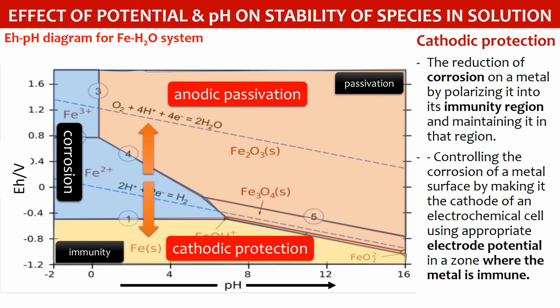For cathodic protection, you can also reduce the corrosion of a metal by polarizing it into its immunity region and maintaining it in that region. Here is your immunity region where you have your cathodic protection.